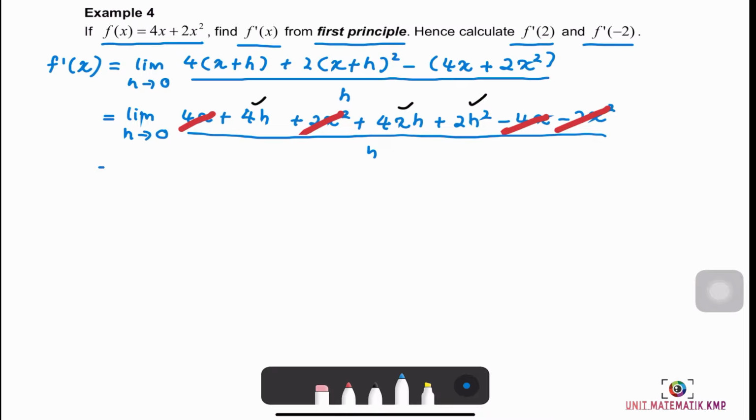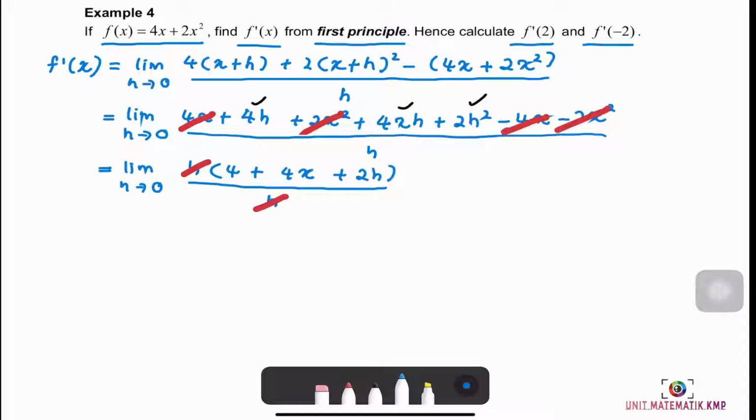Each term has h, so we can factorize h. Here we will have the limit of h times 4 plus 4x plus 2h, over h when h approaches 0. Now we can cancel off.